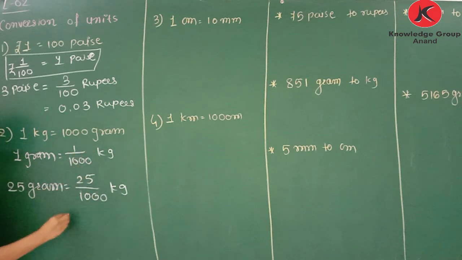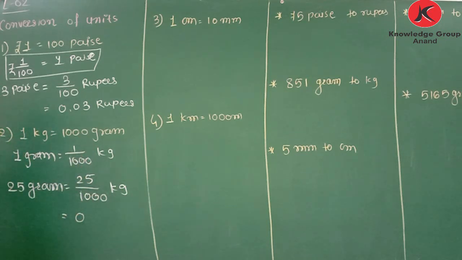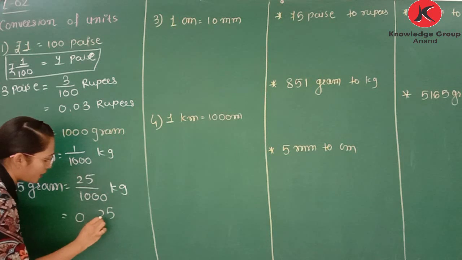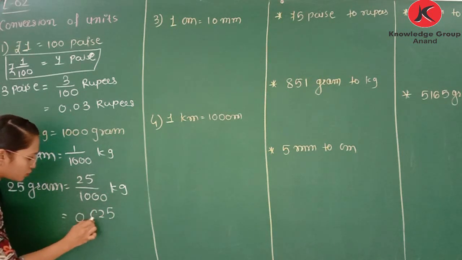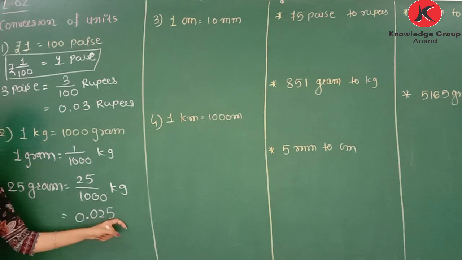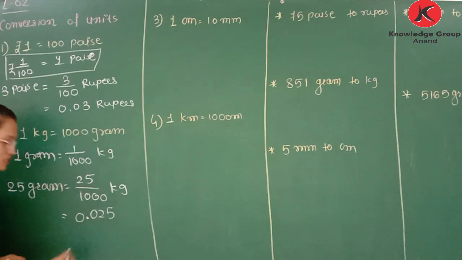You can write it in decimal as 0 point. When dividing by 1000, there should be 3 digits after the decimal. So where do you need to put the decimal point? Dividing by 1000 means you need to write the decimal point after 3 digits. So 1 2 3, after that the decimal point.